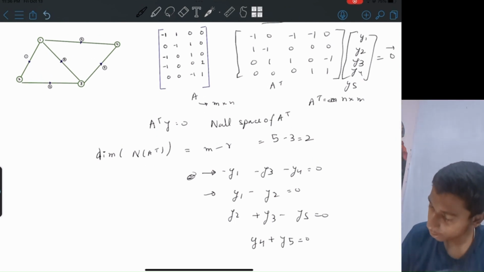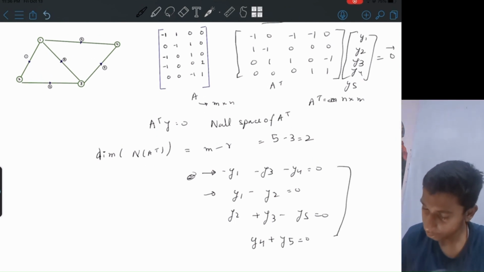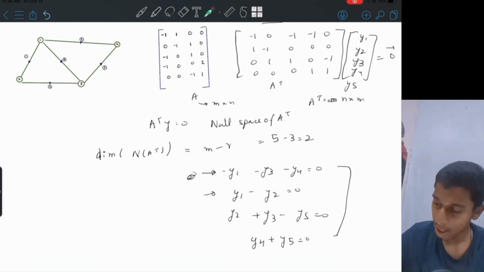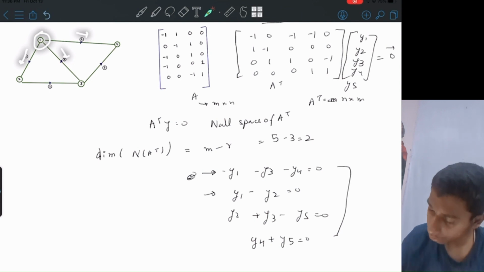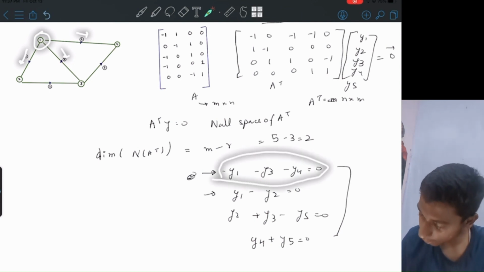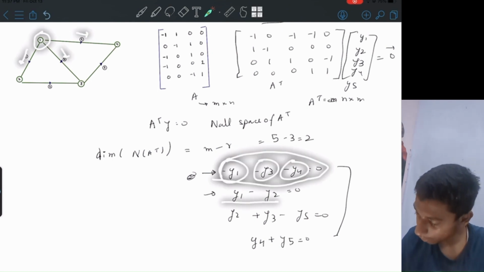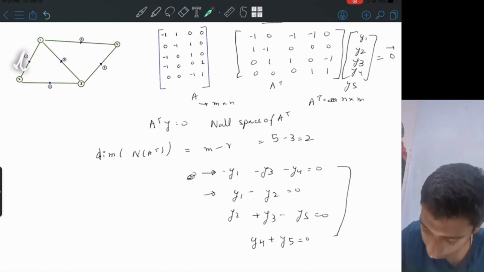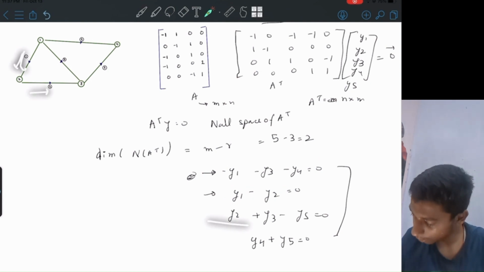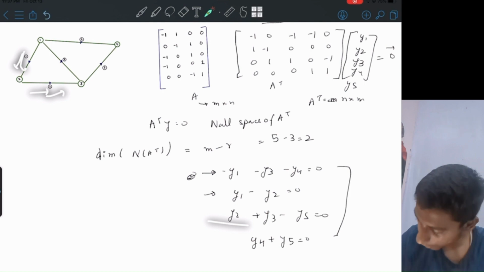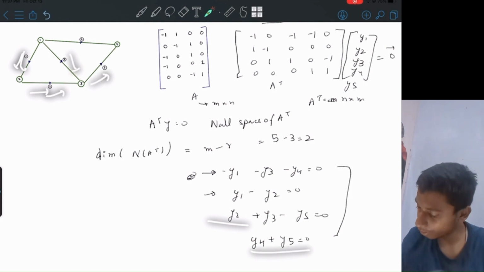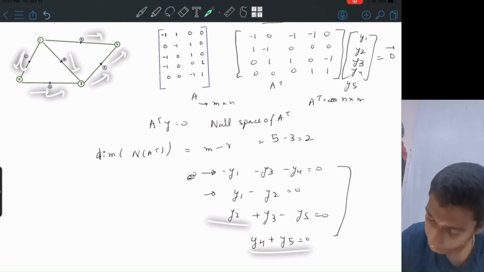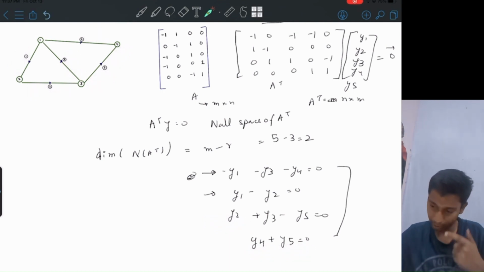So first of all, these are a total of 4 equations representing the 4 nodes, and for the first node, the first current, third current and fourth current are going out of it, and that's exactly what this equation is saying: minus y1 minus y3 minus y4. And similarly y1 minus y2 for the second node, y1 coming in and y2 going out, and similarly for the third node, y2 coming in, y3 coming in and y5 going out, and y4 and y5 both coming in for the fourth node.